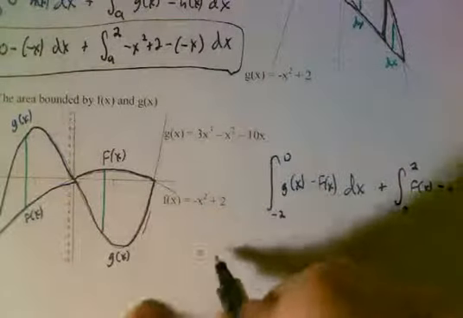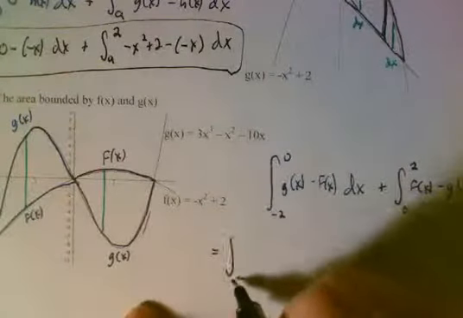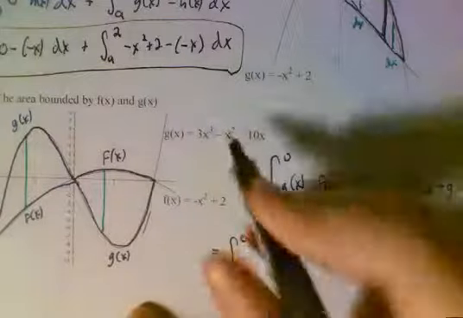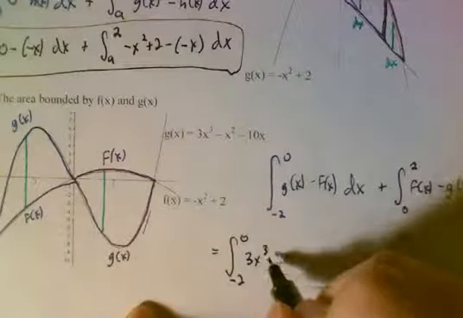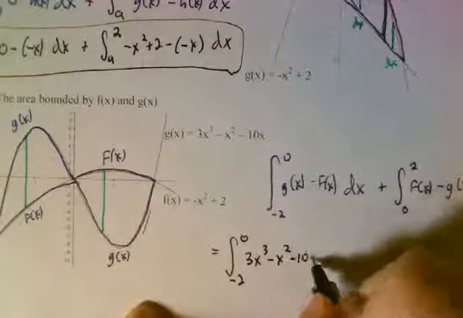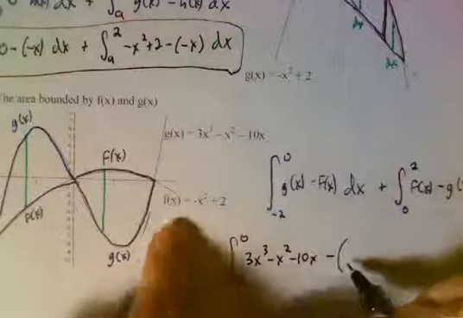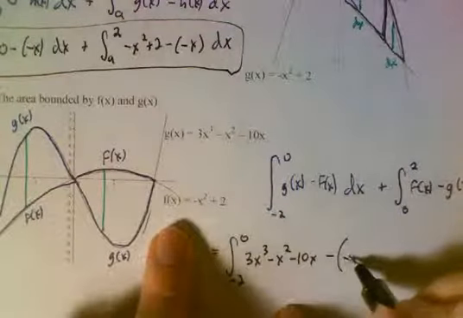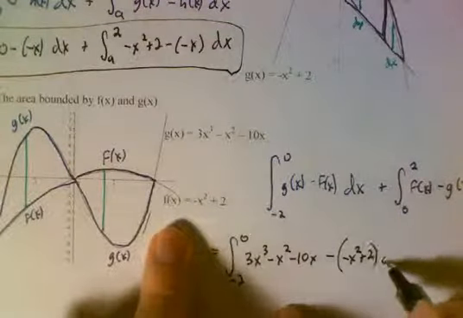When I plug those in, that will give us g of x is 3x cubed minus x squared minus 10x. Subtract all of f of x, make sure it's in parentheses, negative x squared plus 2.